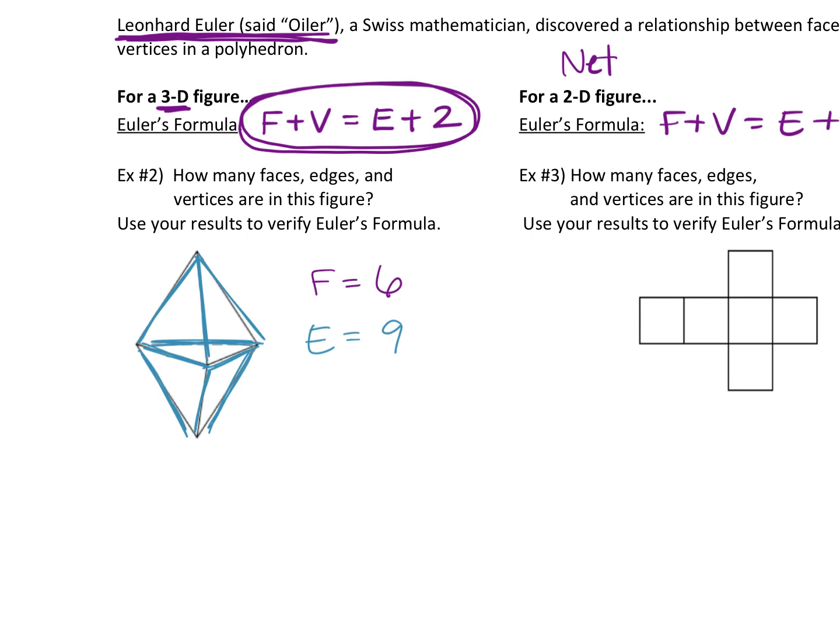There's 9 edges on that figure. Okay. How many vertices? 1, 2, 3, 4, 5.